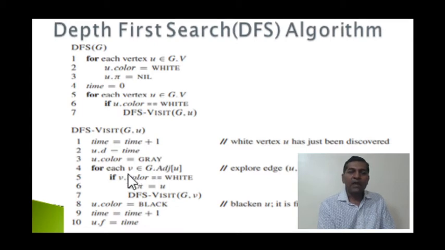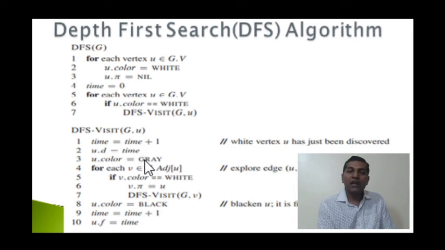If we have any adjacent vertex of U, then we'll again check whether it is white. If not white, then we'll go for the next procedure. But if it is white, then we assign the predecessor U and send it back for discovery. The timestamp is increased by 1 and assigned.